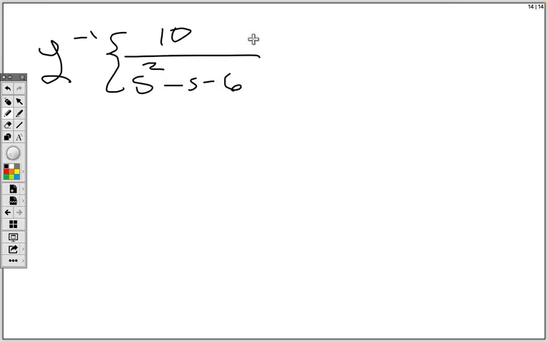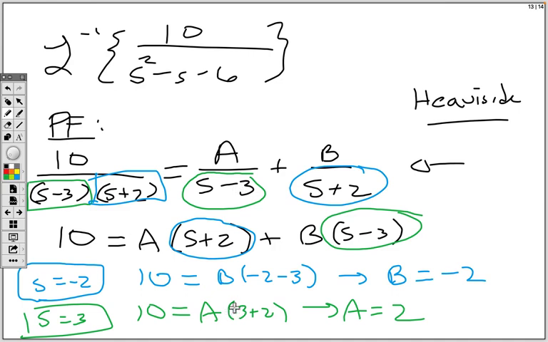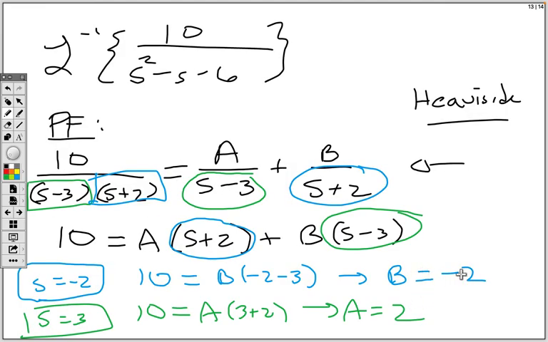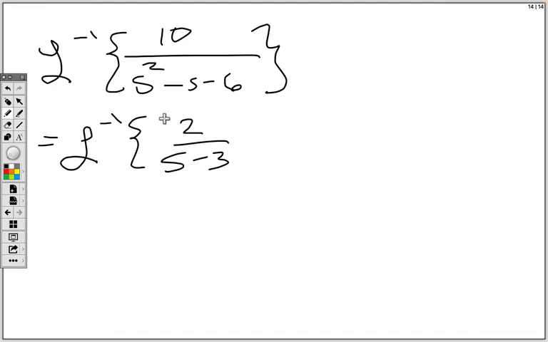So what this means for us is that the inverse Laplace of 10 over s squared minus s minus 6 is the same as the inverse Laplace of A over s minus 3, so 2 over s minus 3, plus B, which is negative 2, so minus 2 over s plus 2.